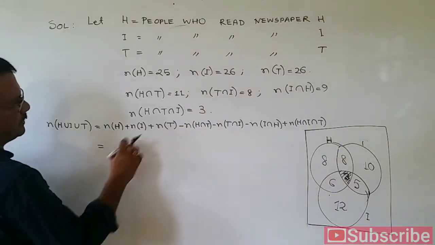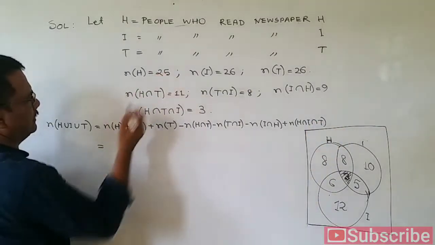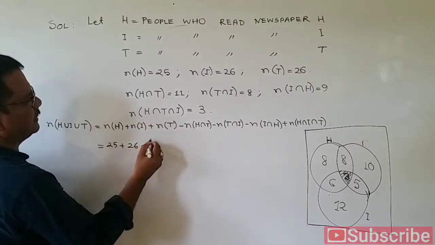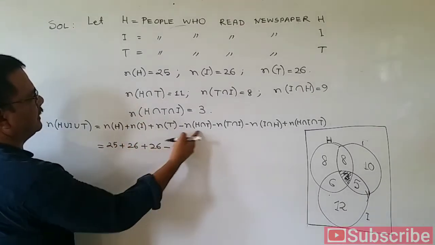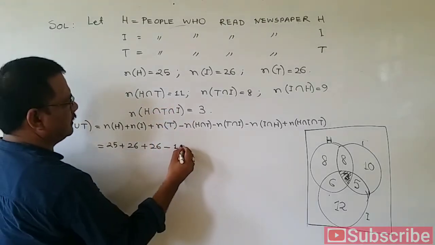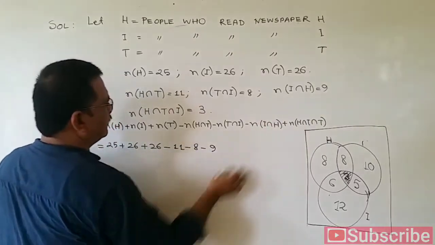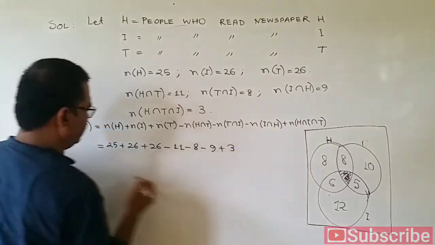Just substitute their respective values. n(H) is 25, n(I) 26, and n(T) 26, minus 11, 8, 9, plus 3.